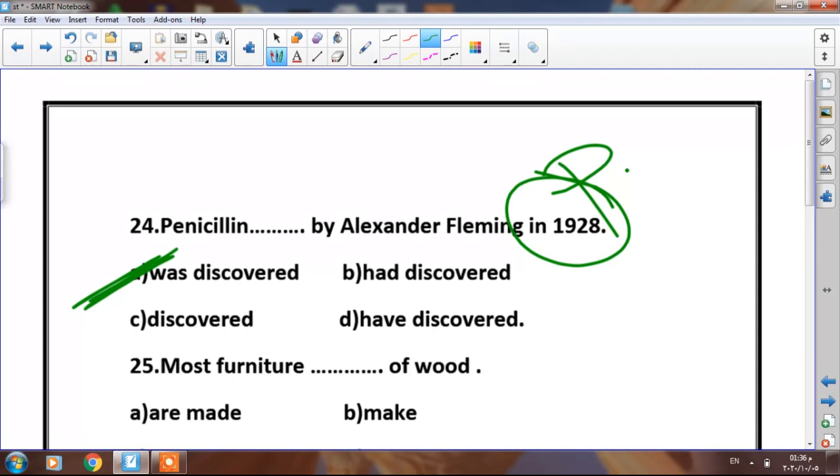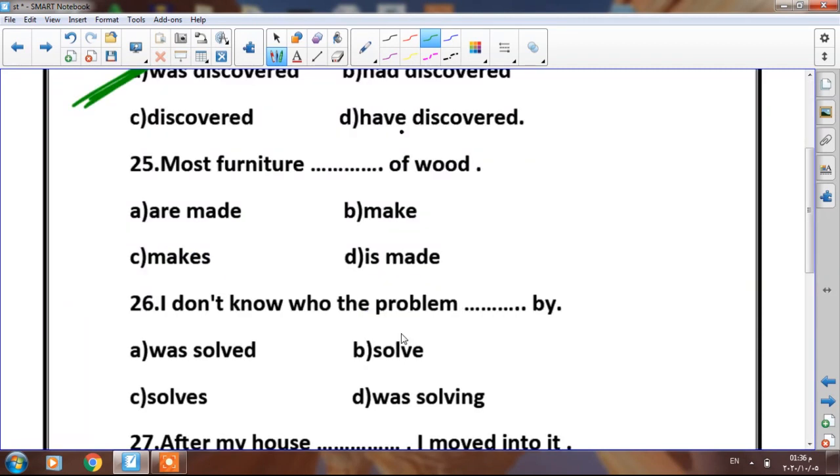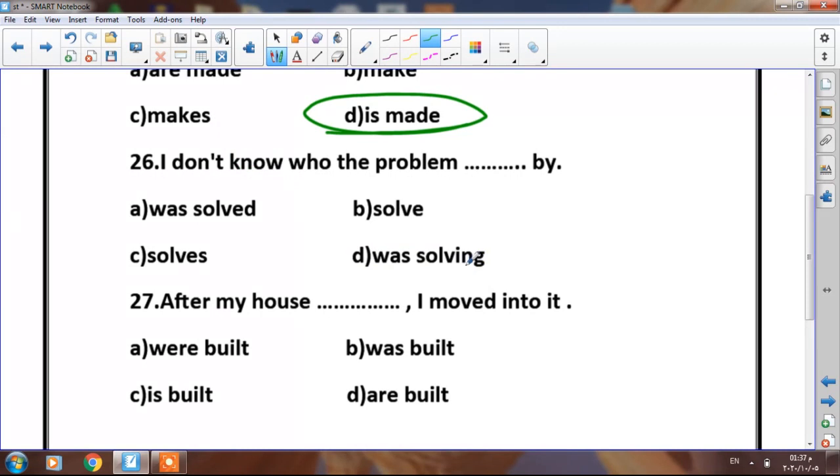Most furniture dot of wood: "are made" or "is made." I have two passive answers here, but furniture is an uncountable noun, so I have to choose "is made," followed by a singular verb.